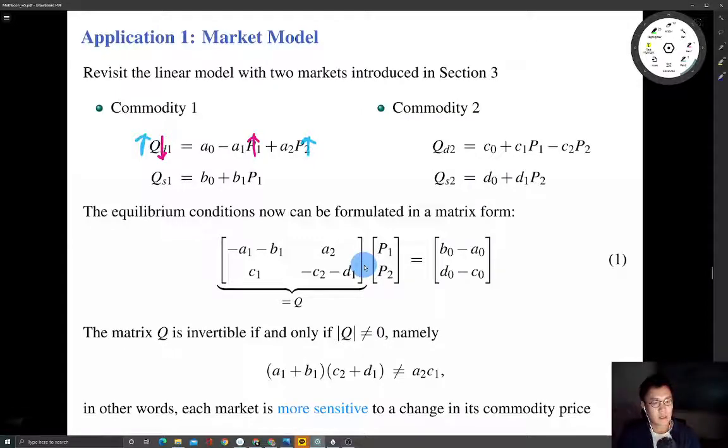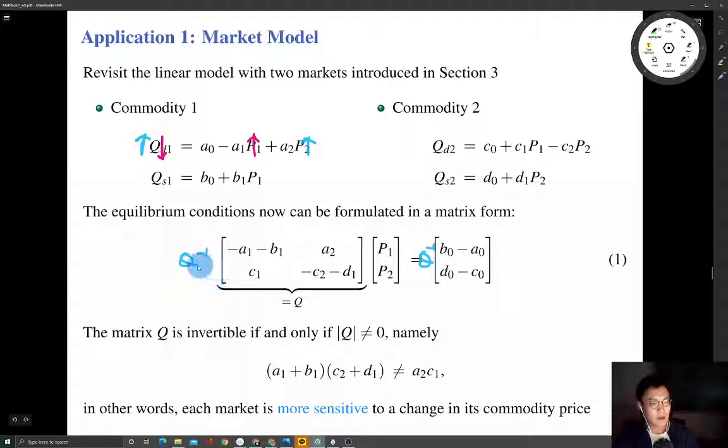So what I'm going to do with this equation, let me call this 2 by 2 coefficient matrix Q. If matrix Q is invertible, then I can pre-multiply by Q inverse here and Q inverse here.